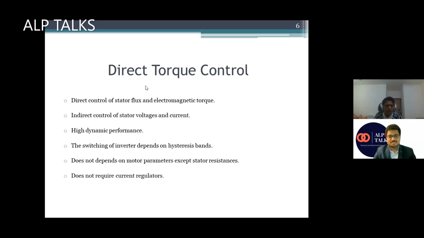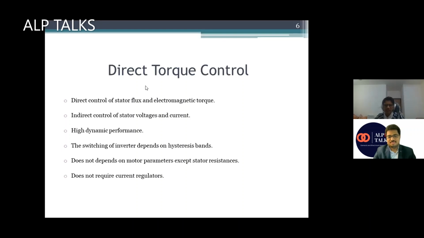So now we'll see what direct torque control actually is. The basic concept behind direct torque control is to directly control the stator flux linkage and the electromagnetic torque simultaneously. In this method, the stator voltages and stator currents are controlled indirectly. This method has a high dynamic response.